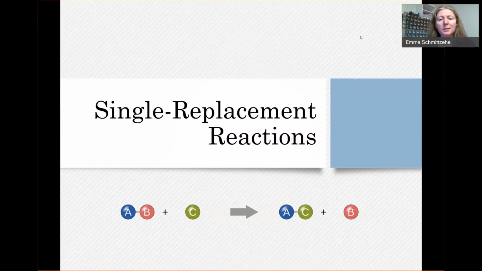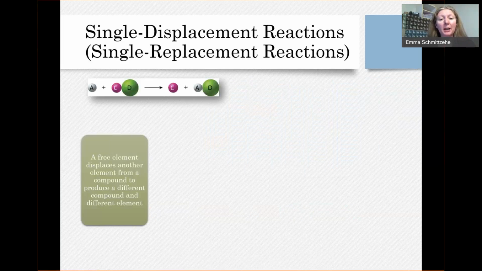Okay, we're going to talk about single replacement reactions. Now, a single replacement reaction, or sometimes called a single displacement reaction, is a reaction where you have some free element that displaces another element within a compound, meaning that then you form a new compound and you have a new free element.